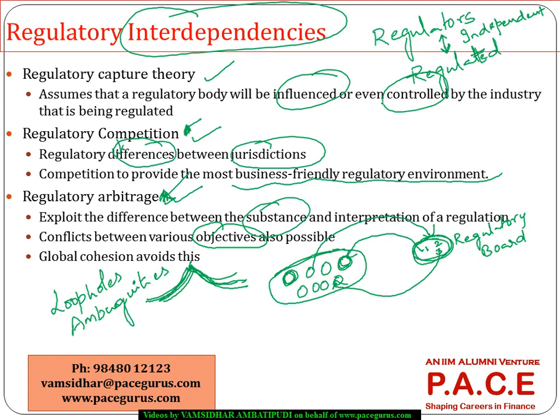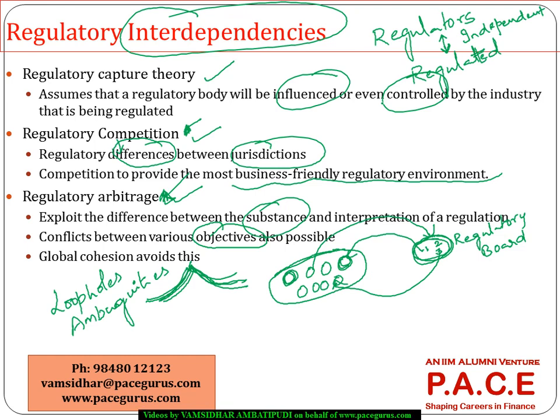And in some cases, there is even conflict of interest between the various objectives also. Some want emission norms to be a core objective of the regulation, whereas in some cases safety could be a regulatory norm. So there could be a conflict between these two, and that itself could cause the regulated companies to take advantage of the differences between the various regulatory organizations.